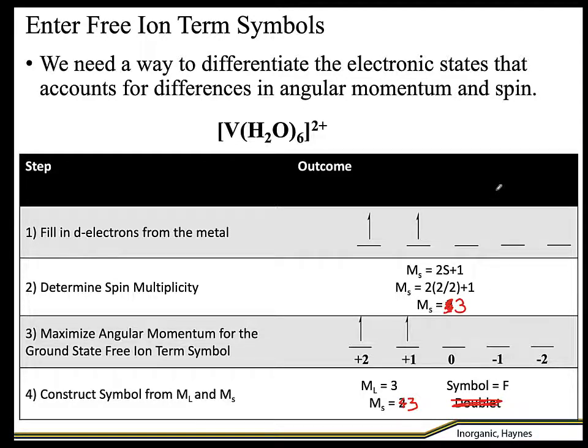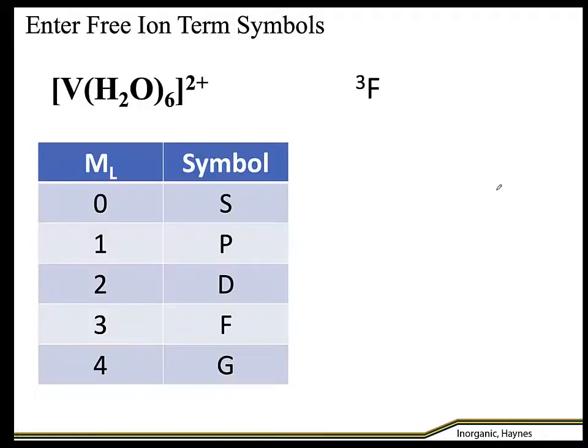So what do we do now that we have this? Again, we have this list of these symbols, right? And so if we're describing the ground state free ion term for vanadium here, that d2 metal, we would call this a triplet F ground state, right? It has that superscript 3 to describe the spin multiplicity. So where does F come from?